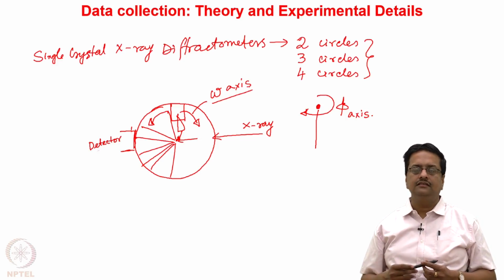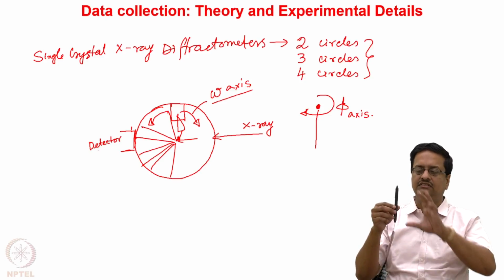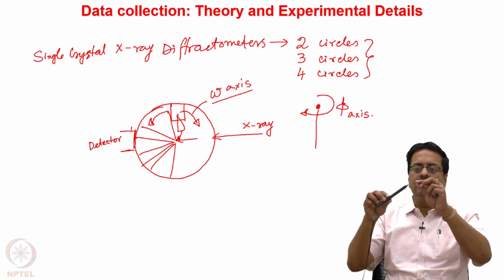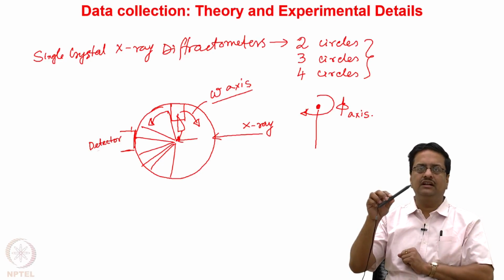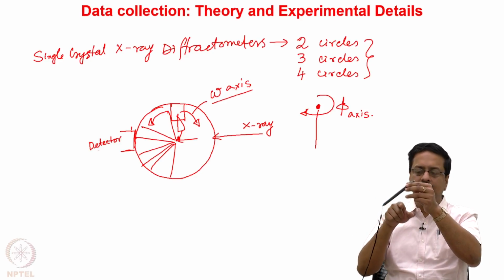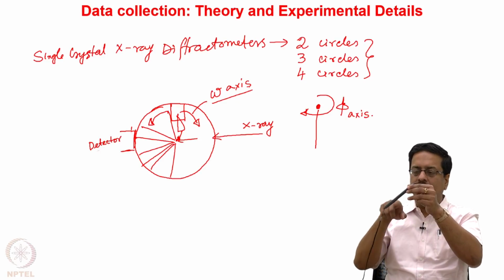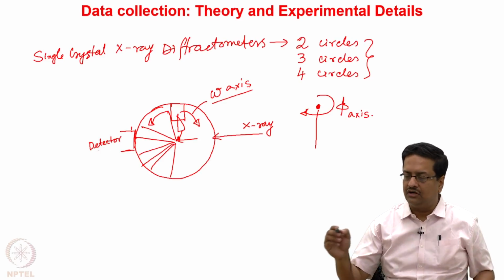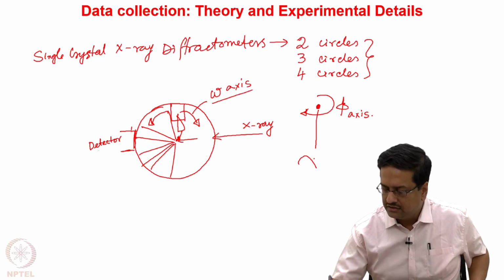And then this goniometer head, and at the tip of the goniometer head you have the crystal, it makes an angle with the horizontal plane. That particular angle is called the chi axis.